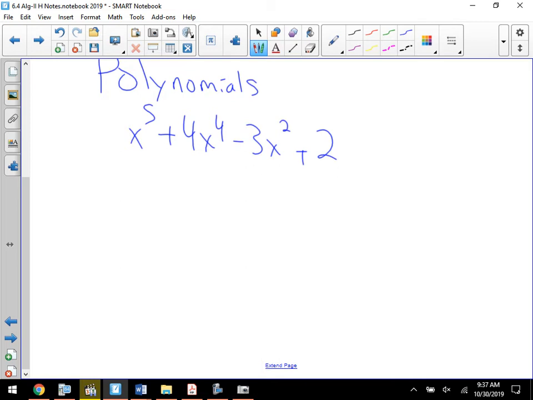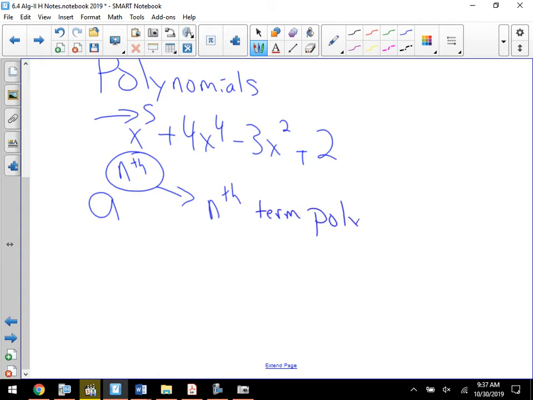What's the degree of the highest power here? 5. So this is technically called a 5th degree polynomial. Whatever this value is, I'll call it n.